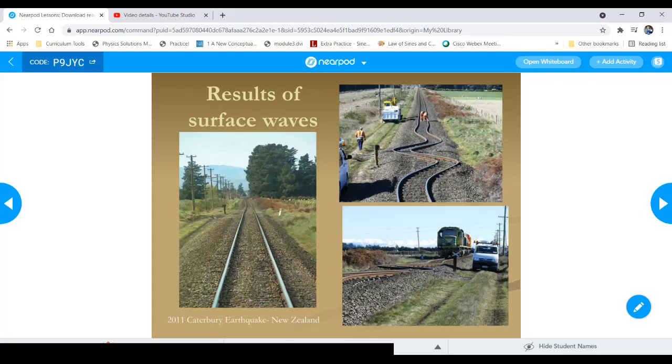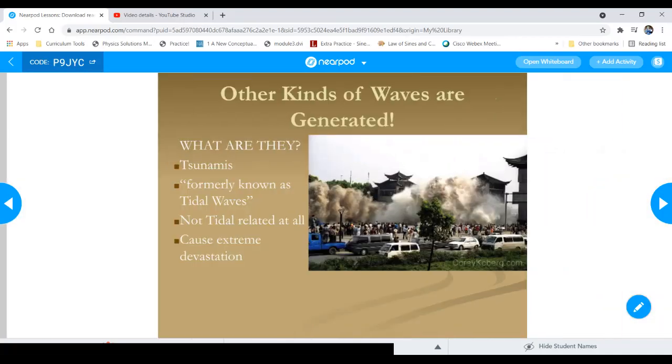When a wave hits from an earthquake, a seismic wave, it can cause the features on the surface of the earth to mimic the waves that are passing through. So I just thought that was really interesting.